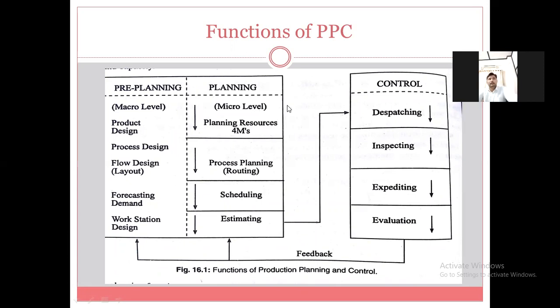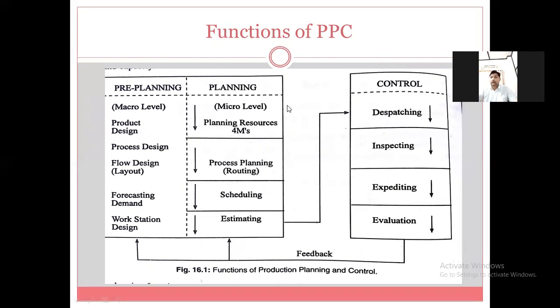Okay, then the number of hours you are going to assign the work to that particular worker is also important. Sometimes we have to take decisions related to extra working hours. So that will also be included in the planning phase related to the fourth M, that is manpower planning.